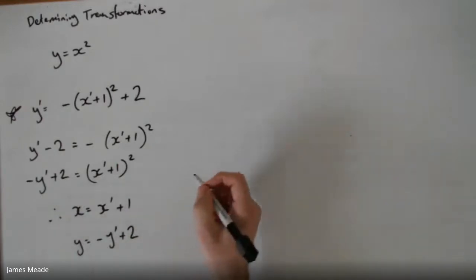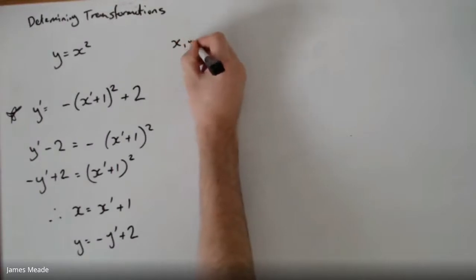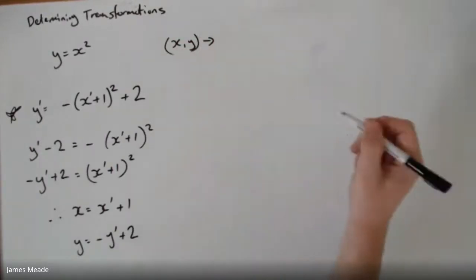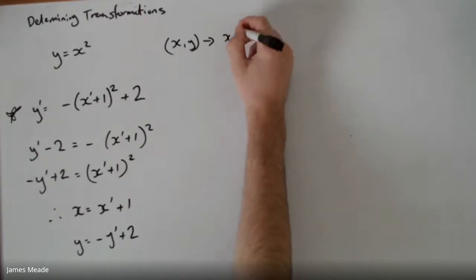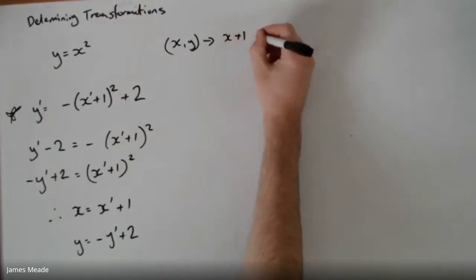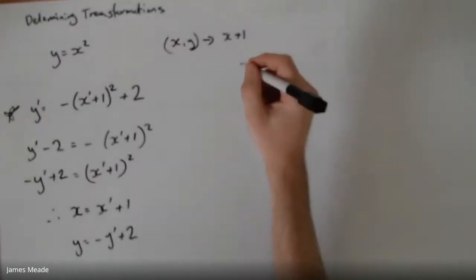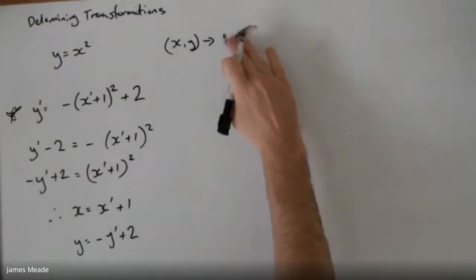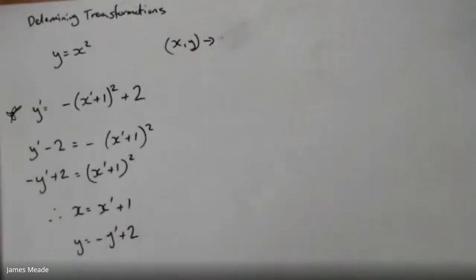So if we're writing this in our image notation, we'd say (x, y) maps to x dash plus 1, if we wanted to. Let's move this over actually. So I should actually expand this out a little bit further, shouldn't I? Make the image the subject.